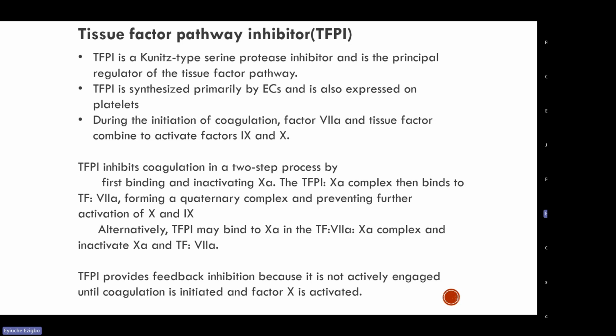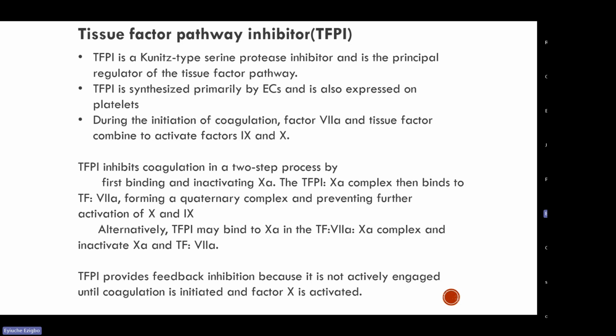First, binding and inactivating factor 10. The tissue factor pathway inhibitor-factor 10 complex then binds to tissue factor 7, forming a quaternary complex and preventing further activation of factor 9 and factor 10.